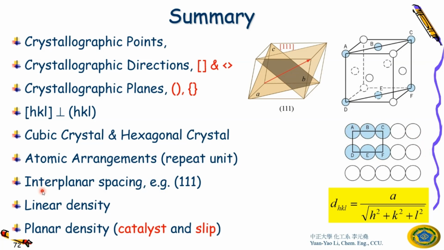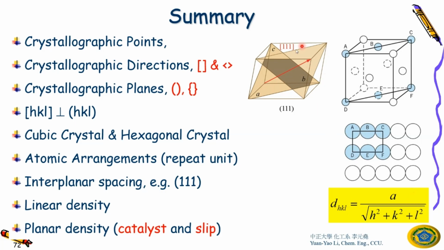And then the next one is interplanar spacing. For example, this is the 111 plane, and this is also a 111 plane. So what's the distance between these two planes? We have an equation here for you.